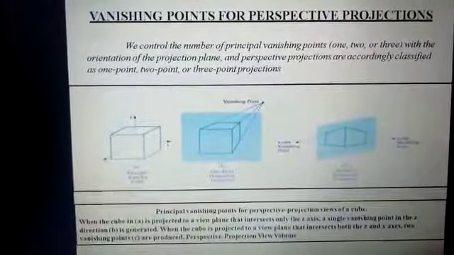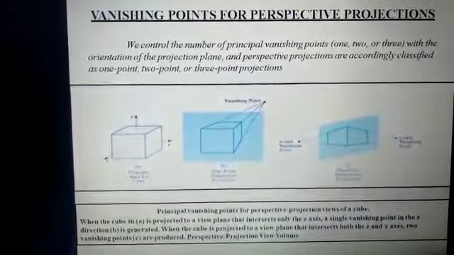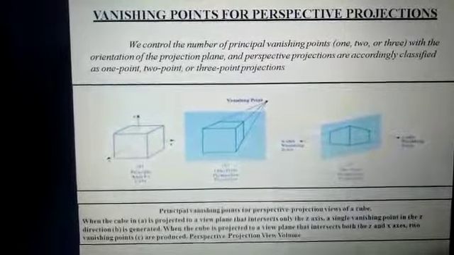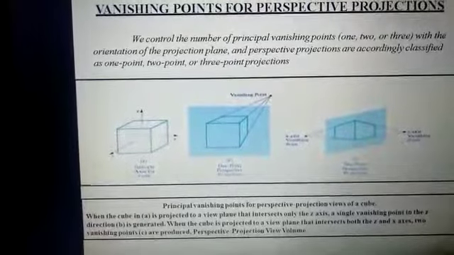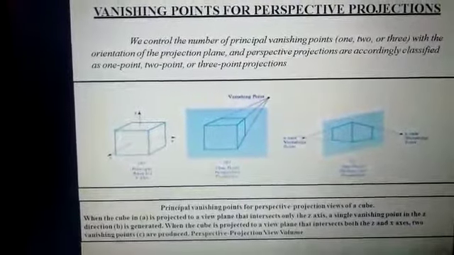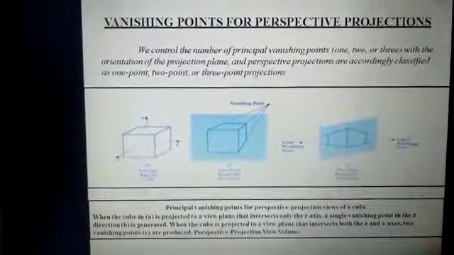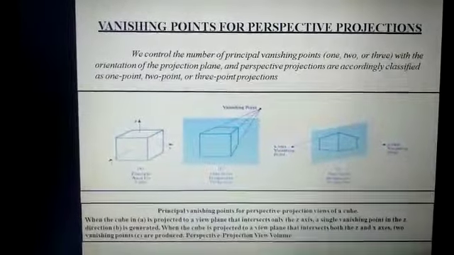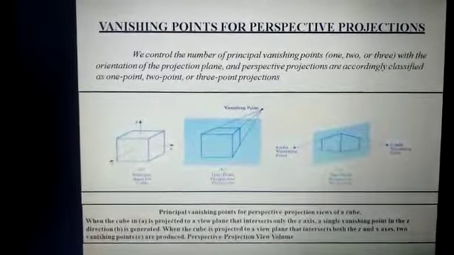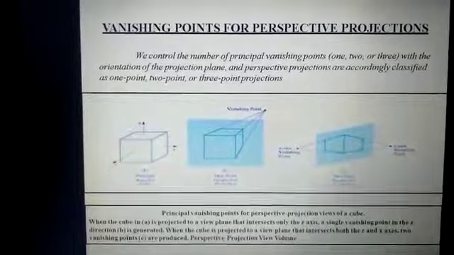The next topic we have is vanishing points for perspective projections. What is a vanishing point? It is a point at which a set of projected parallel lines appear to converge. Each set of projected parallel lines has a separate vanishing point.